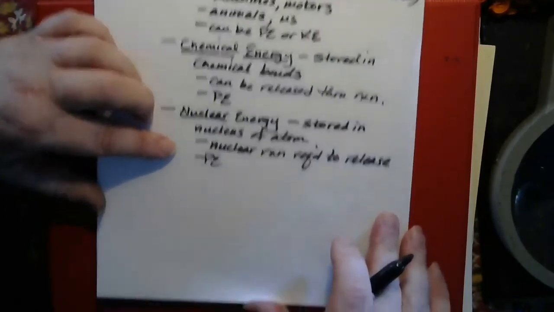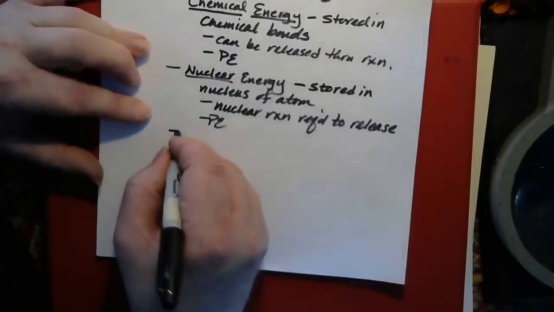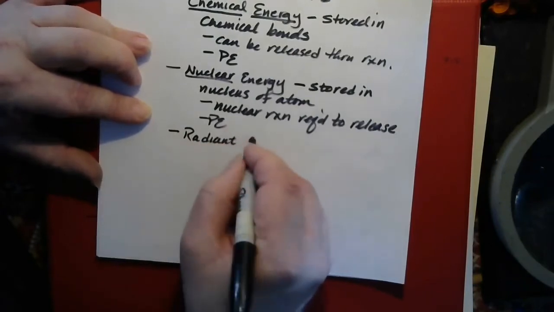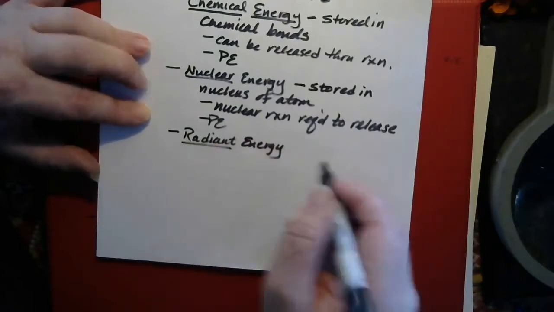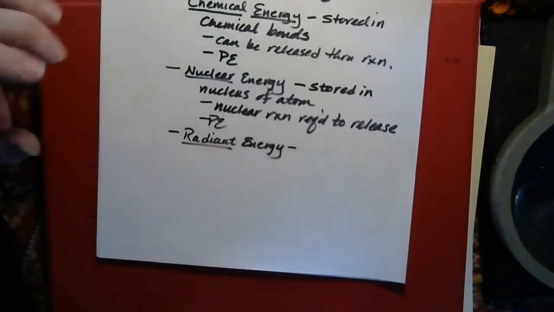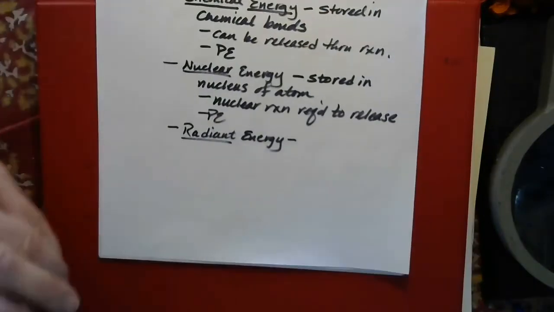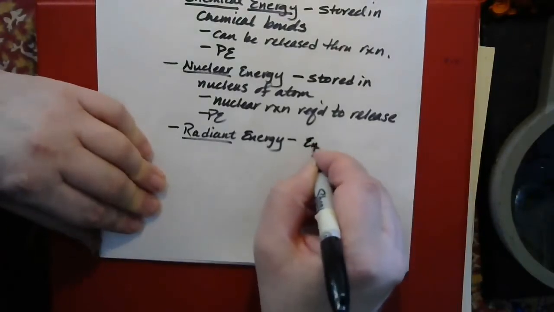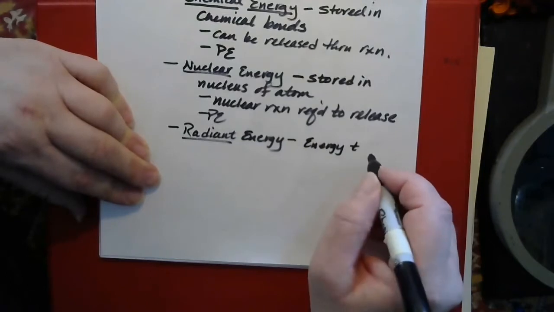And this is a type of potential energy. Radiant energy is the energy transmitted in the form of electromagnetic radiation.